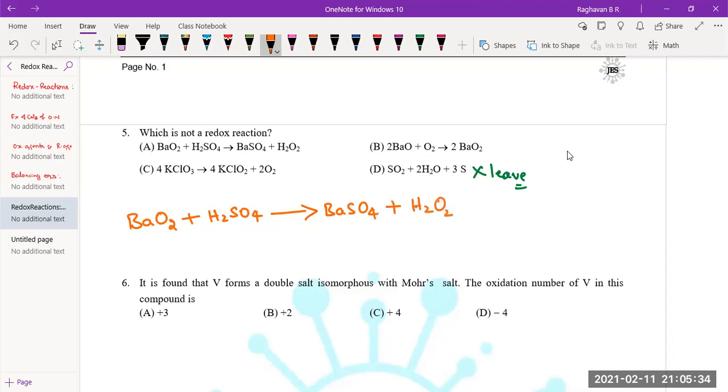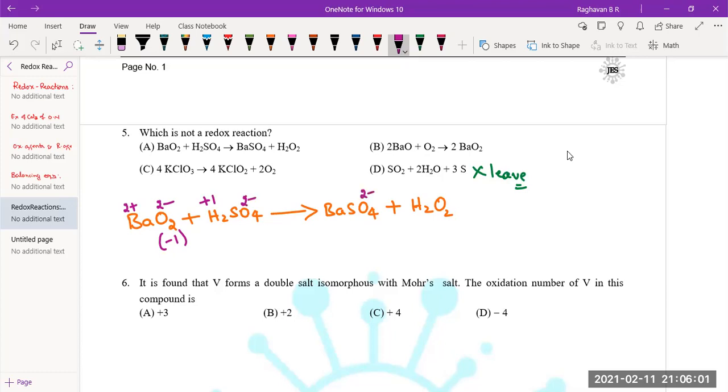Let us identify oxidation states of all the elements. Barium, second group, plus 2 always. If it is plus 2, 2 oxygen would be 2 minus. So each oxygen is -1. Hydrogen is +1. Sulfate overall is 2 minus.